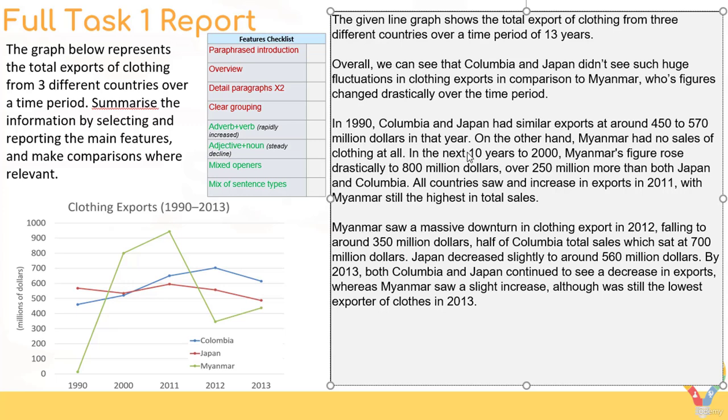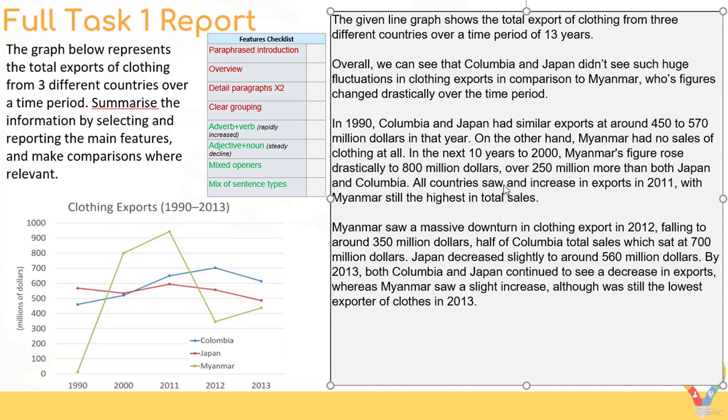In the next 10 years to 2000, Myanmar's figure rose drastically to $800 million. So I'm moving on to this year now. Rose drastically to $800 million, over 250 more than both Japan and Colombia. So comparing, again, making comparisons.